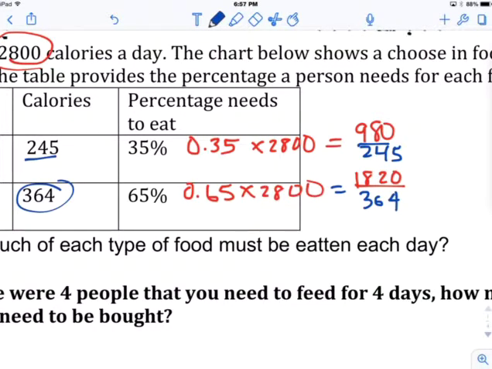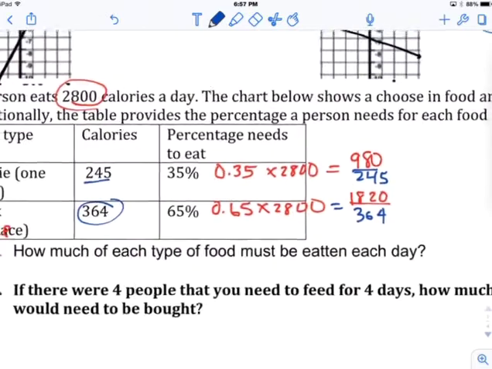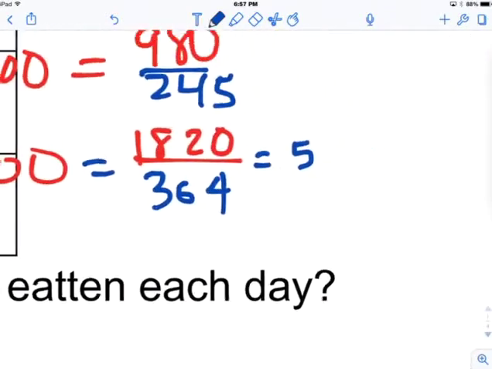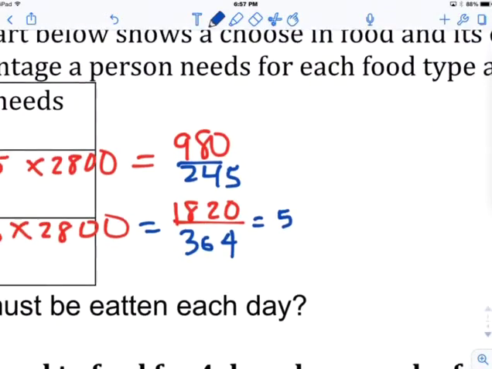Okay. And that should get you 5 pieces of steak. That's a lot of steak. No, it must be a lean steak. And when you divide that, should have done that first, huh?